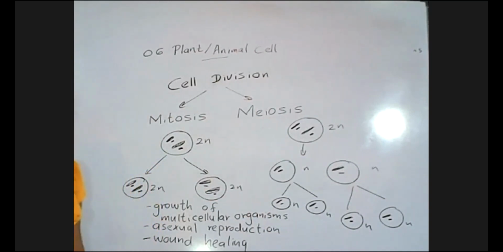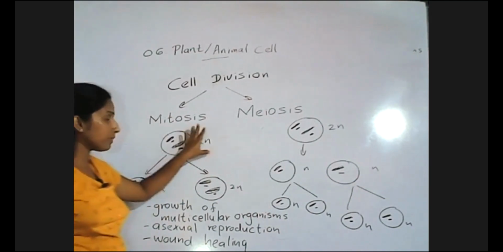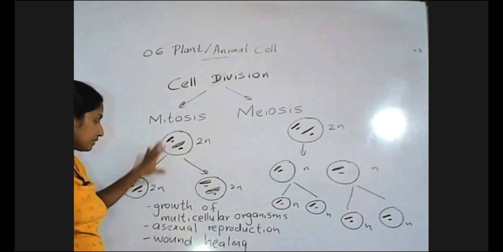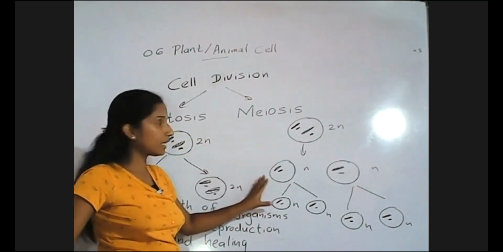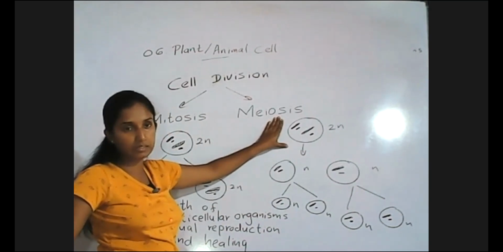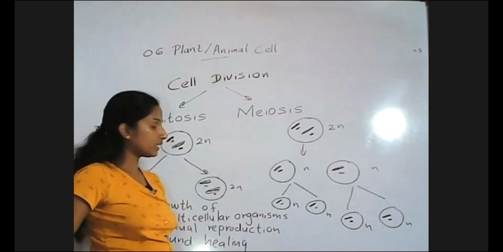So in mitosis, daughter cells are the same as the mother cell, but in meiosis they are different from the mother cell. Those are the differences.